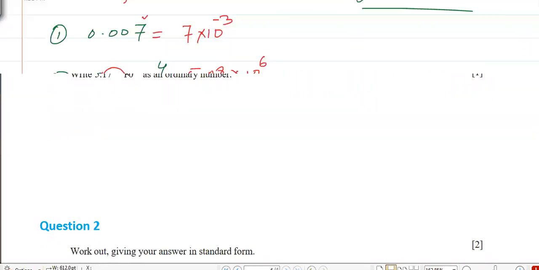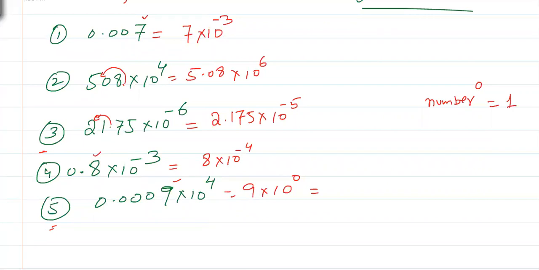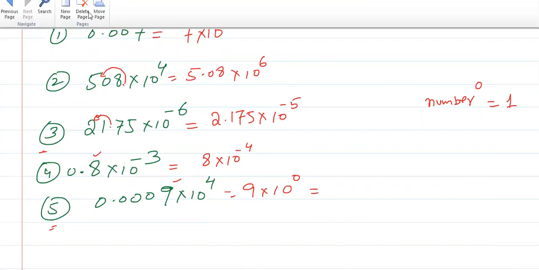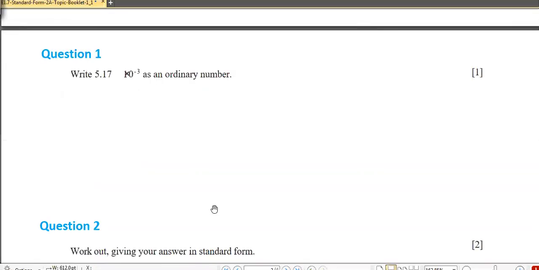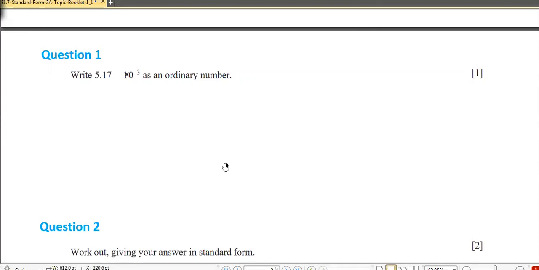Okay, I forgot to mention the other form. Now, let's come back to the reverse process of this one. When you are given the standard form and you have to write the ordinary form, or the general form, or the normal form, what should we do? Let's suppose it is given 3.25 into 10 to the power 2, and you have been asked to write it in ordinary form or normal form.